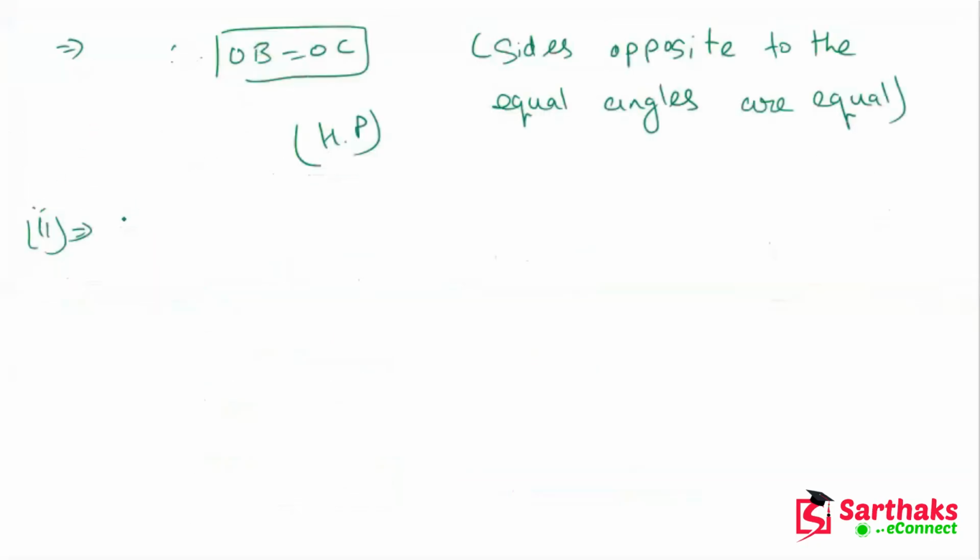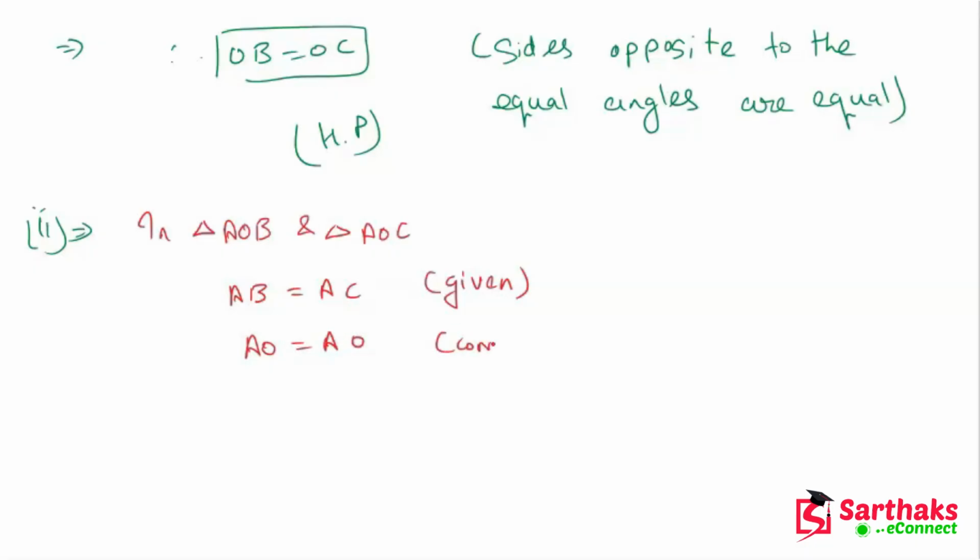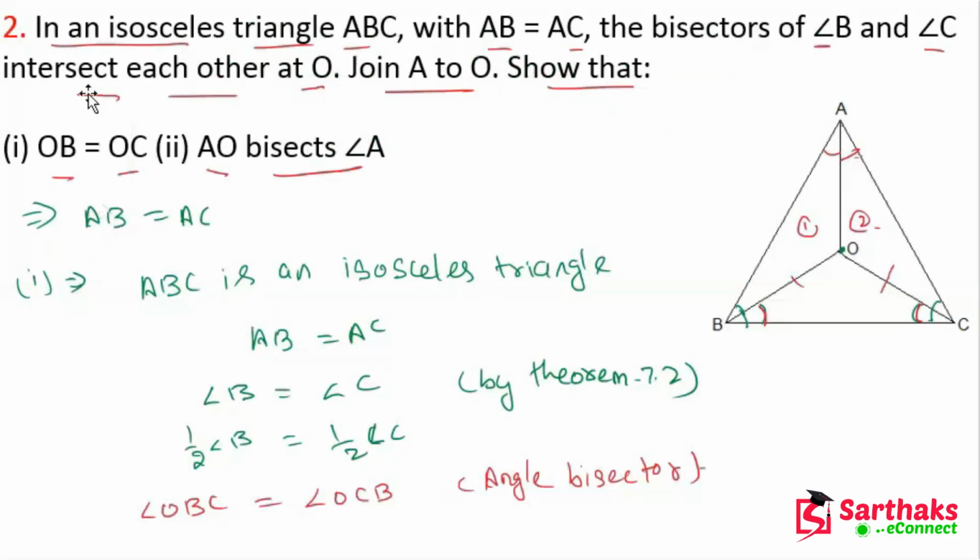Now in triangle AOB and triangle AOC, AB is equal to AC. This is given. AO is equal to AO. This is common. You can see that AB is equal to AC and this part is common.